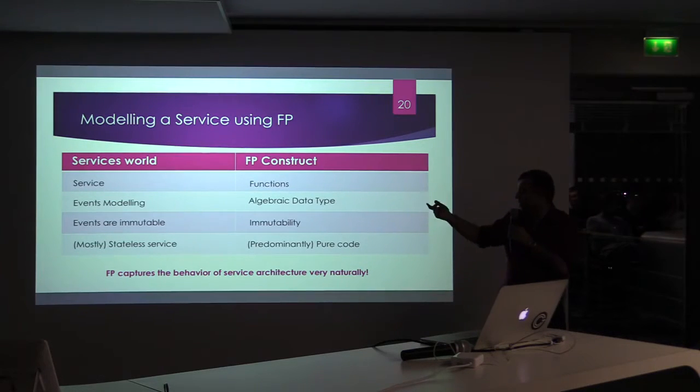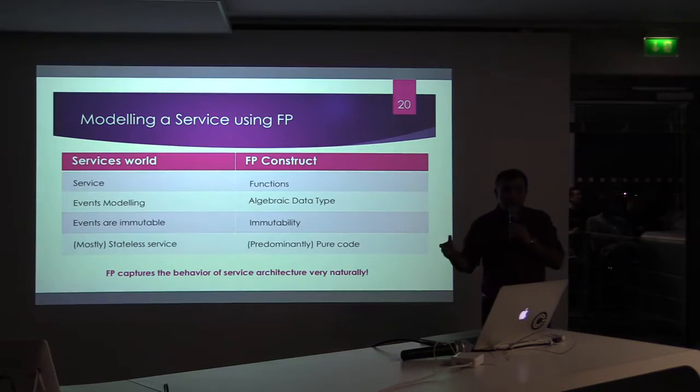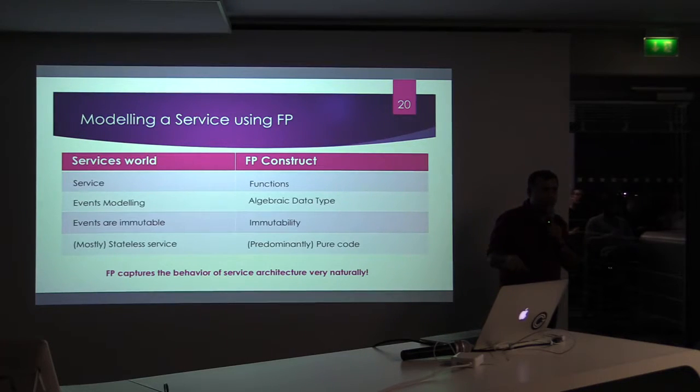And then you have the services world where most of your services, not all definitely, are stateless. And in the FP world, most of the code you should write, some people don't, but that's the proper way you write it, is pure code, right? When I write code, I could count on my fingers how many mutable variables I use, and most of the time it's 0.